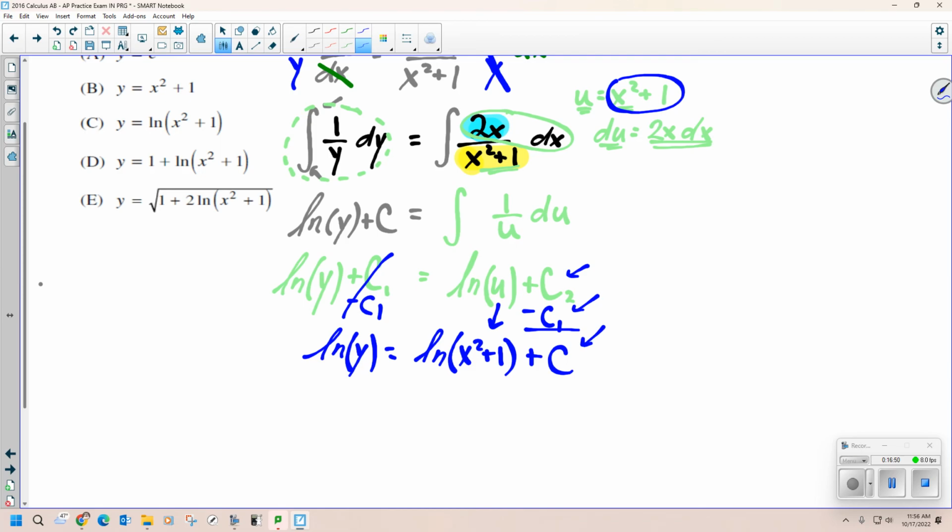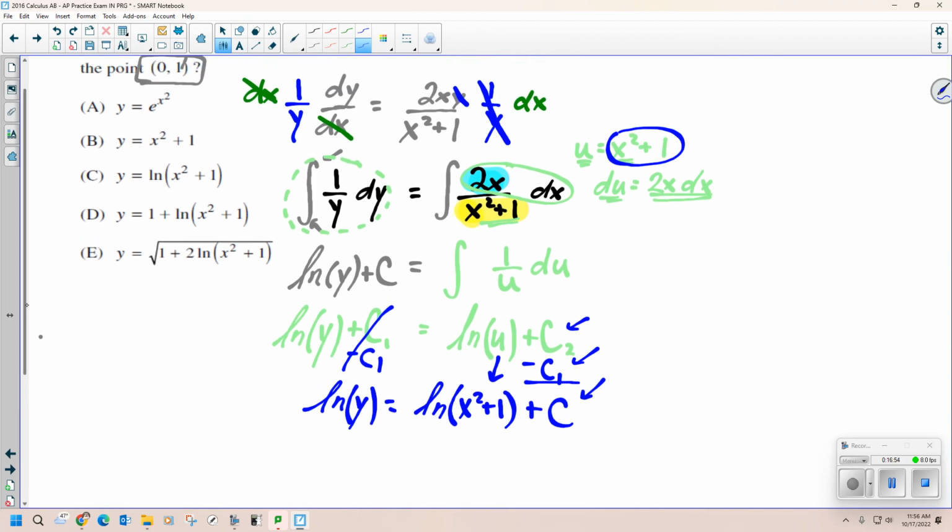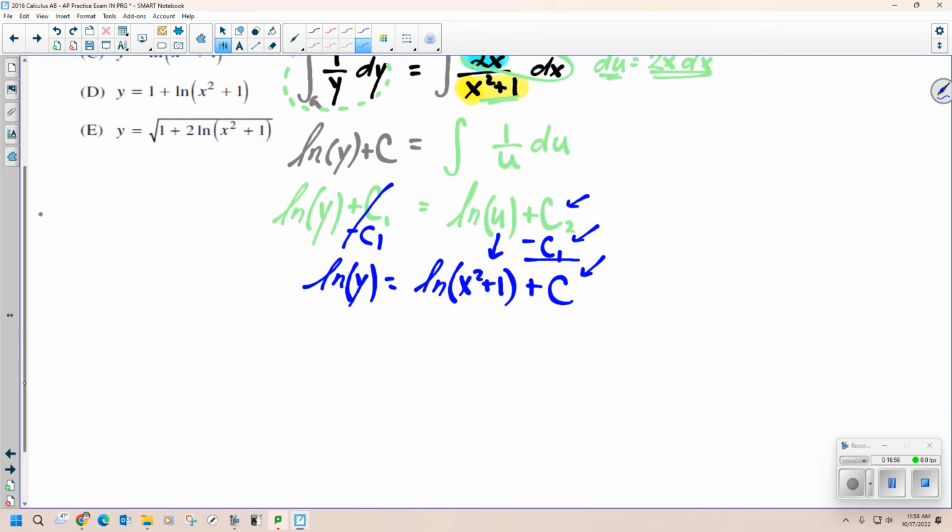All right, so we need to get y alone. Look at all of our answers. They're all y equals. Okay, so I am going to base e. Some mathematicians don't like this, but it works. Y equals, this whole thing is the exponent. What is my rule when I add exponents?